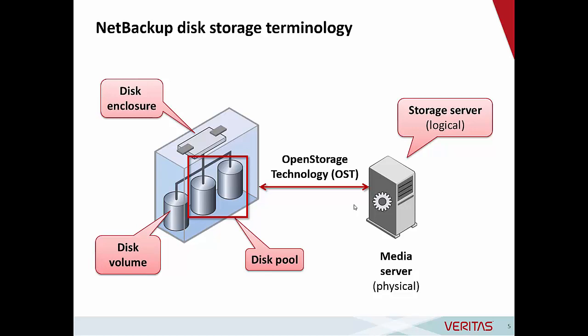The storage server is a NetBackup specific term. It refers to the server that really owns and controls these disks. Also, the storage server ultimately writes the data to these disks. In the case of advanced disk, we see one host that's providing both functions. It's a media server and a storage server. So it's the data mover that copies the data from the clients, and it sends it to these disks in the disk pool that it is basically controlling.